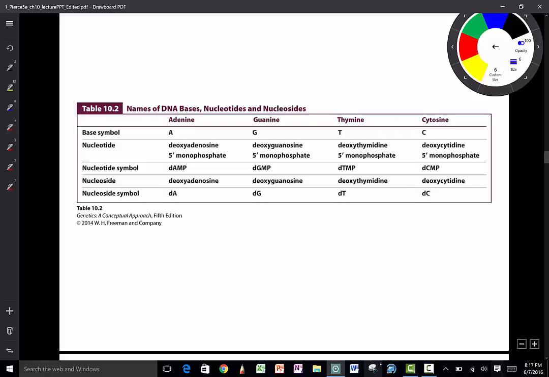And then there are specific naming conventions for each of those things. We don't really worry about that. What we do, we will see them listed like this. So dATP, dGTP, dCTP, and dTTP. Those are nucleotides, all 4 nucleotides.